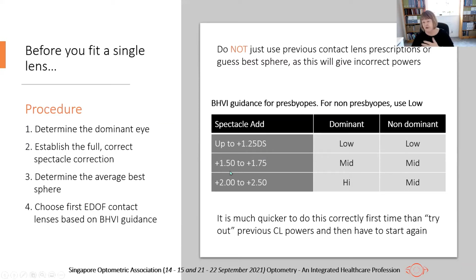Straightforwardly, low for the pre-presbyopes and early presbyopes, mid for your middle presbyopes, and high for your high presbyopes. The interesting part that's different from most multifocals is you put that high design in the dominant eye.